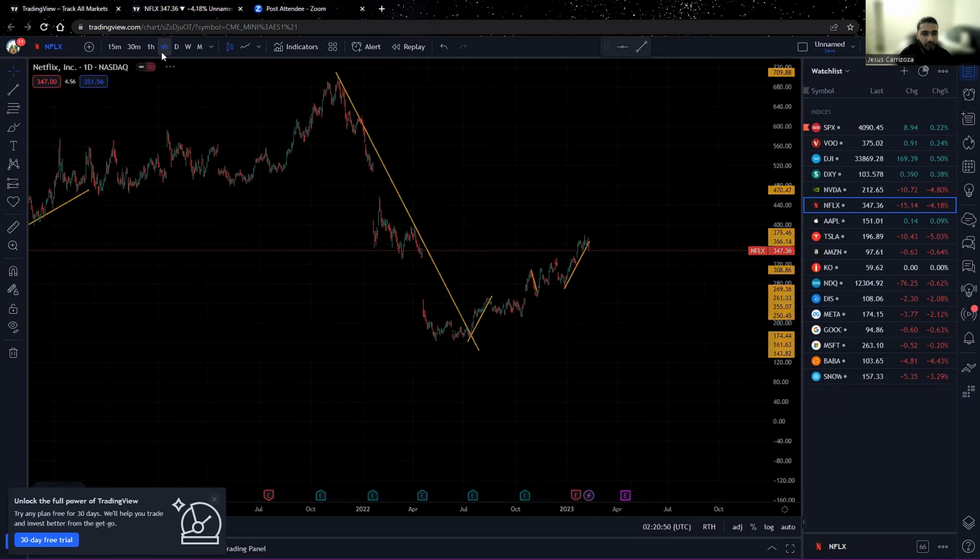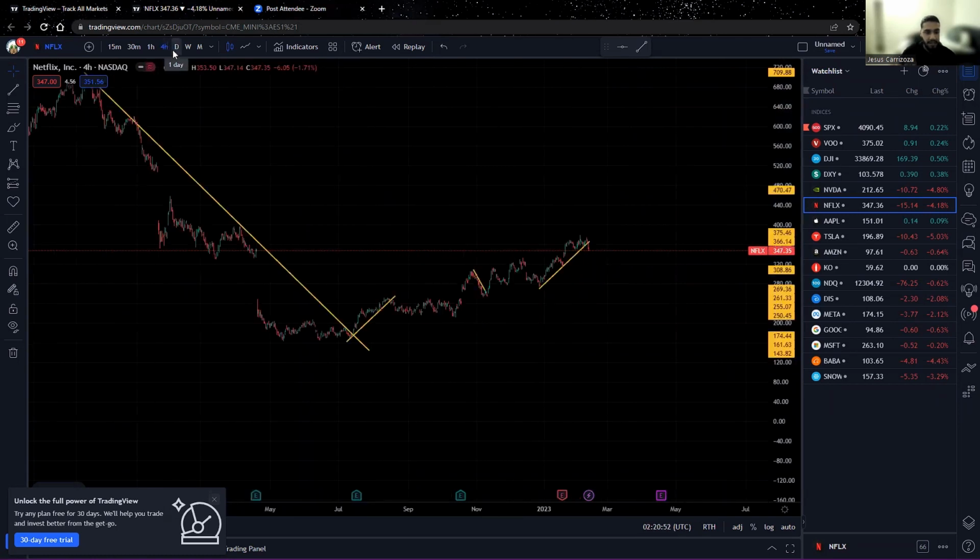But the 4 hour is very, because look, think of it like this. Daily is one candle, right? Each candle is one. If you go to the 4 hour, the market is open, I think 8 hours, is it from 6:30 to 1? That's like 7 hours.